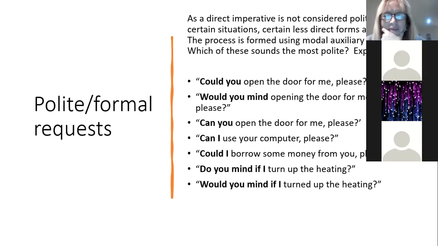Can I just quickly ask, where would may fit in that? Somebody was talking about can being used for permission, whereas it's also used for ability. Can you ride a bike?